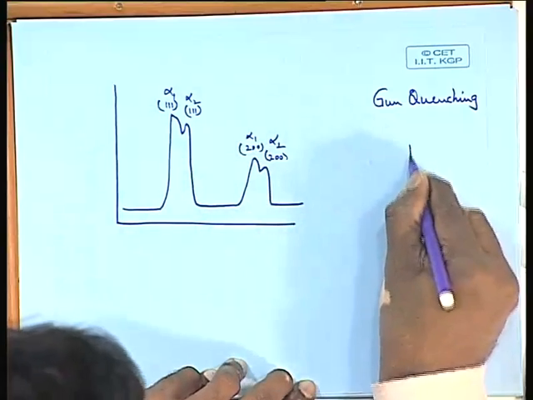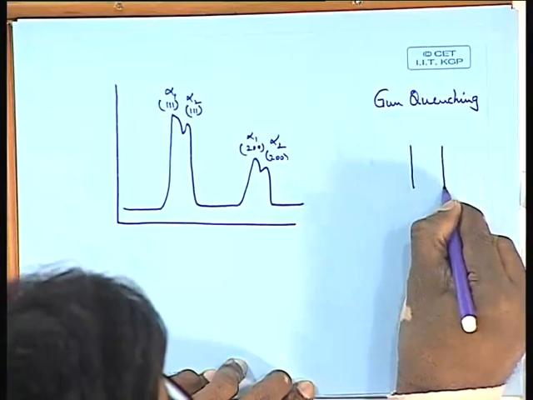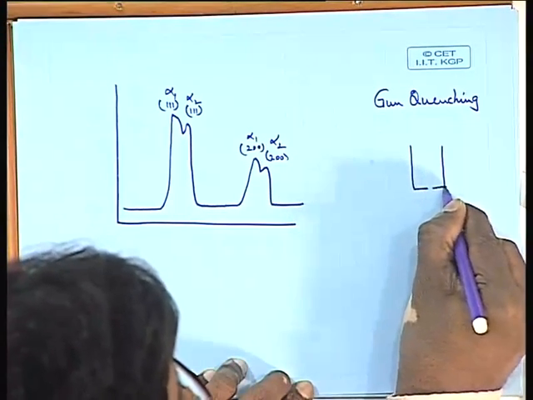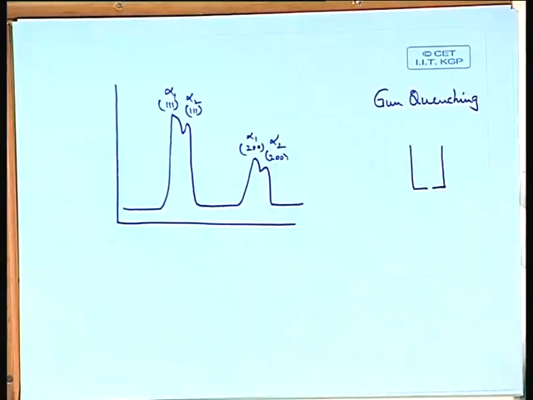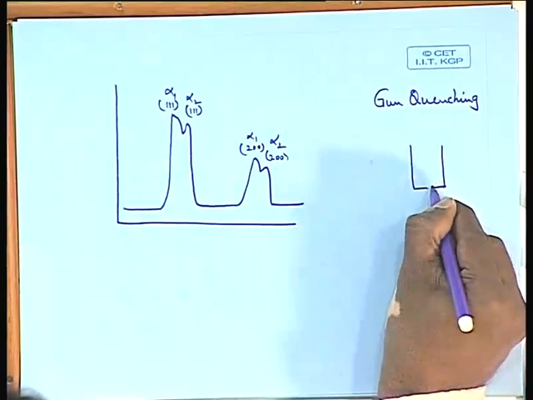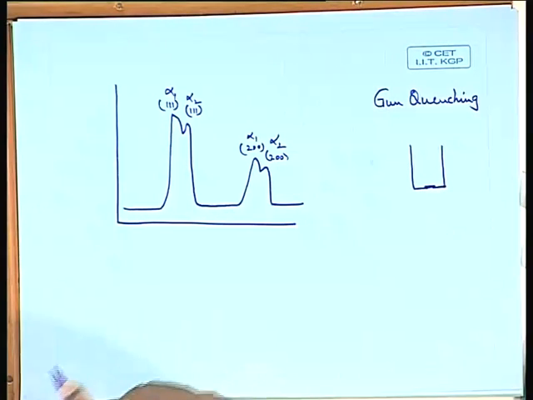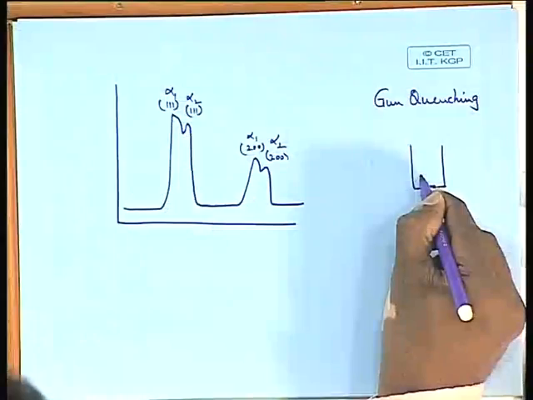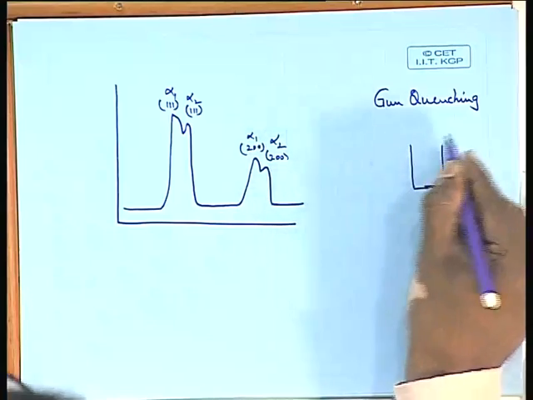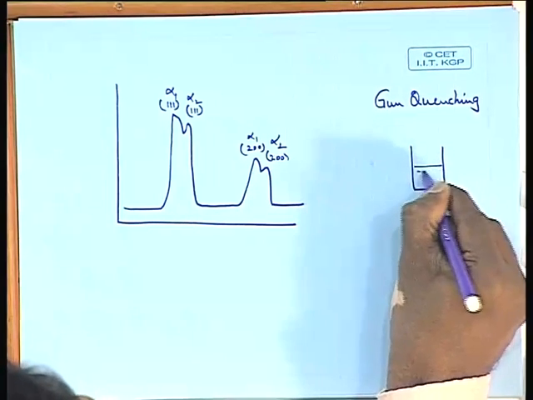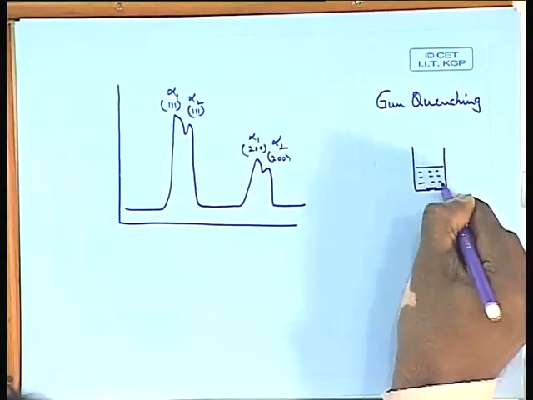What he basically did was take a crucible with a small aperture at the bottom and close this aperture with a very thin metallic foil, and then put the silver and copper into this and melt it. So you have the liquid of silver and copper with the eutectic composition.